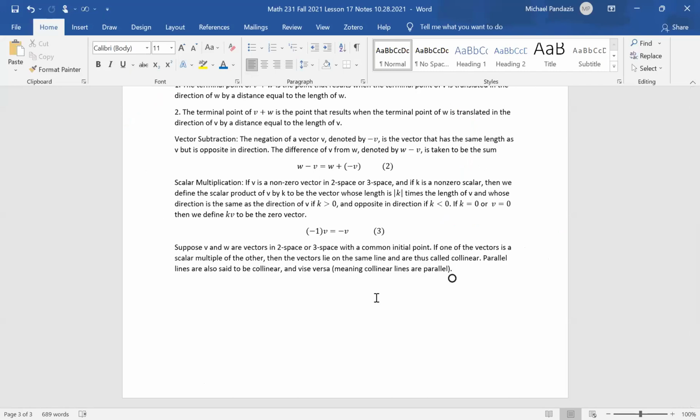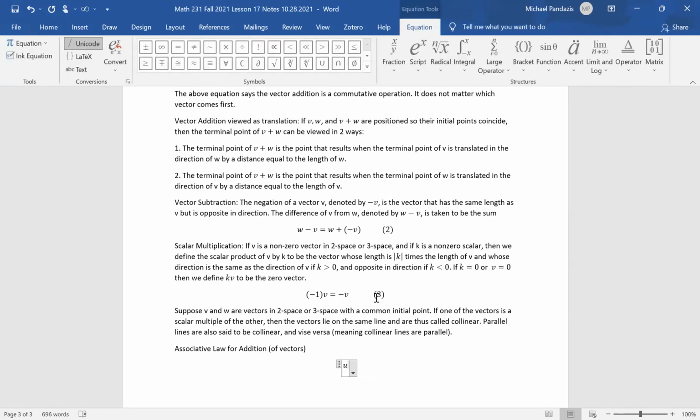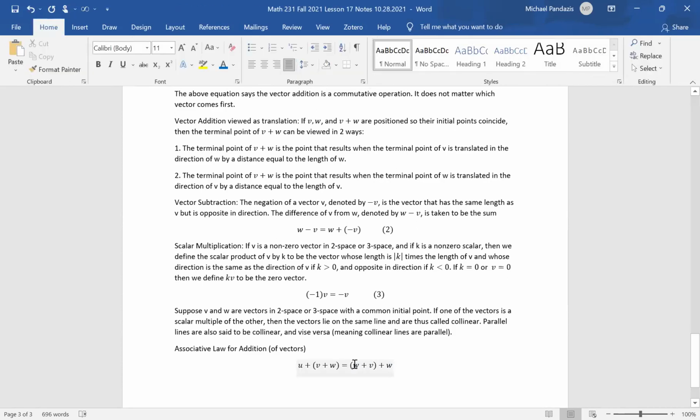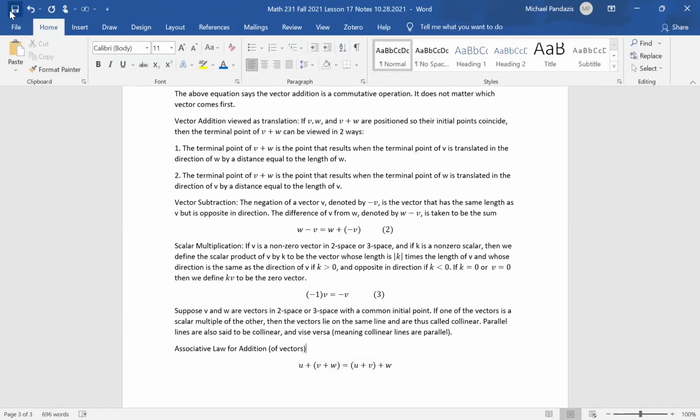Okay, so next is the associative law for addition of vectors. That law says that (u plus v) plus w is equal to u plus (v plus w).